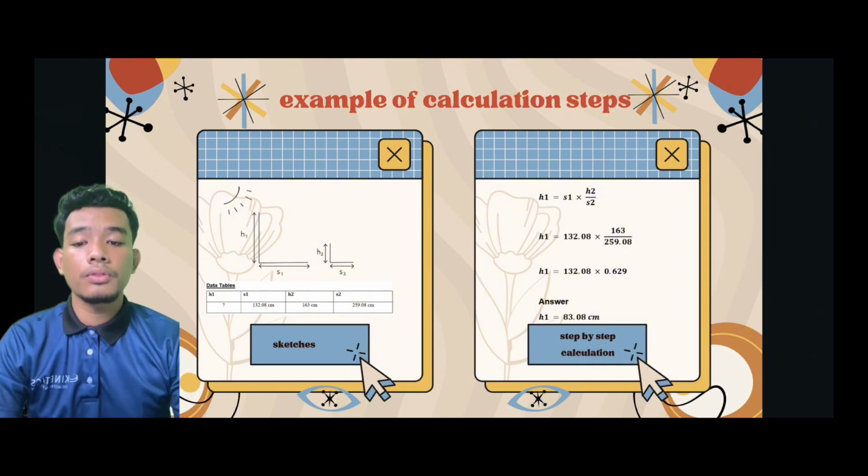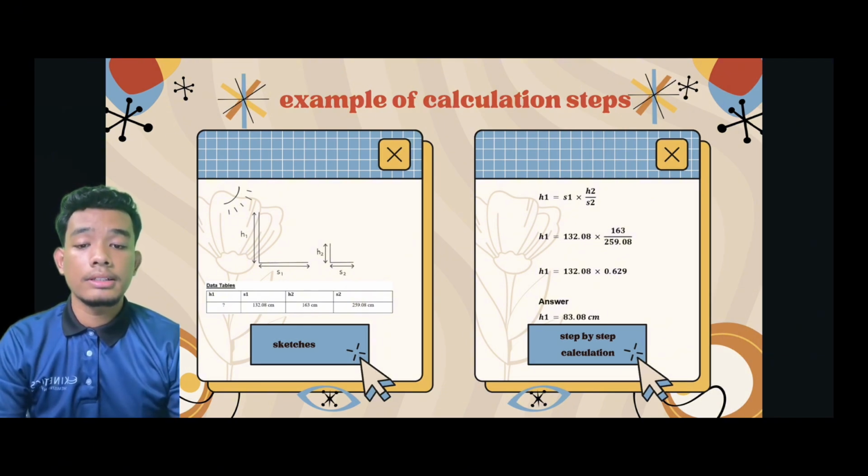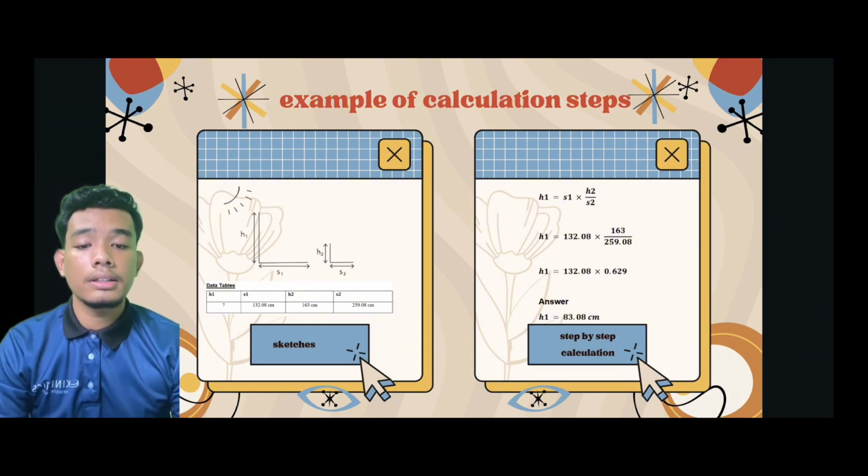Now we want to find H1, because H1 is the height of the lamp. We can see the step by step calculation on the slide. You can follow the estimate. We can use the calculator to directly enter the values to get the answer for H1.